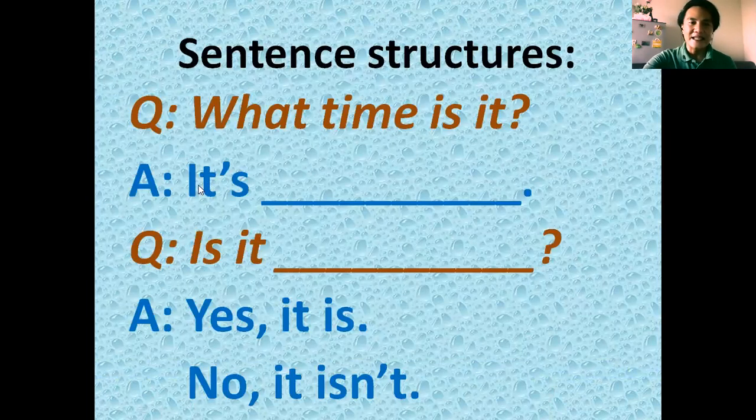It's blank. It's quarter to 2, quarter to 3, it's 1:30, it's 2:30, or it's quarter past 3, or it's 3 o'clock, it's 2 o'clock. That's how to answer the first question.